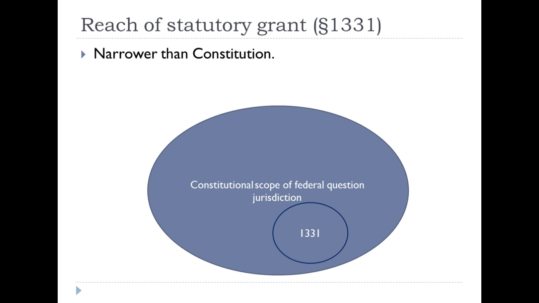But as with diversity jurisdiction, the statutory grant of federal question jurisdiction in 1331 is interpreted to be much narrower than the constitutional grant of federal question jurisdiction. So in the Venn diagram that you see on the screen, the scope of federal question jurisdiction under 1331 is only a subset of the constitutional scope of federal question jurisdiction.